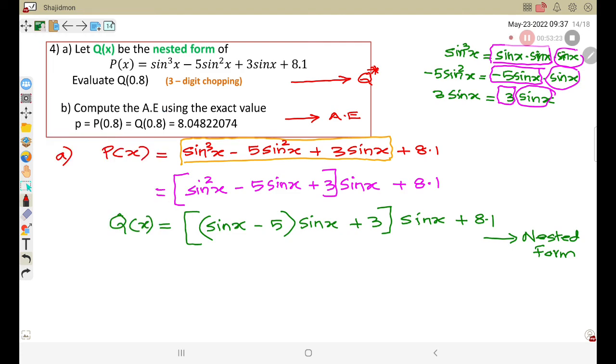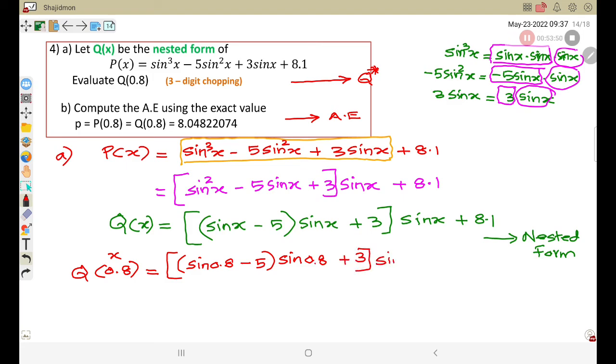What is the calculation here? Q value at 0.8, that means we substitute x as 0.8: sin 0.8 minus 5, multiply sin 0.8 plus 3, multiply sin 0.8 plus 8.1.